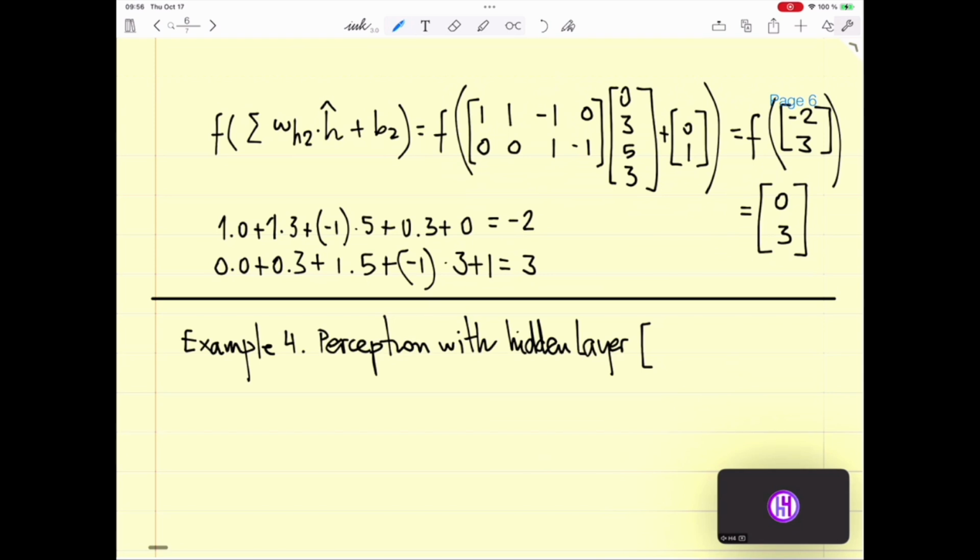It's going to be 3 times 4 times 2 times 3 with feed forward and back propagation.